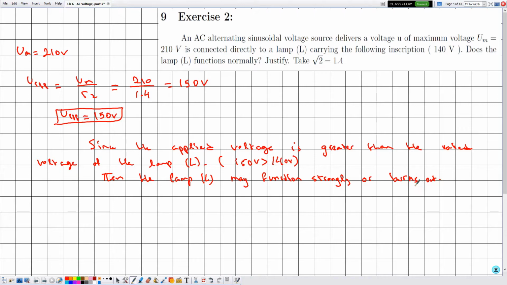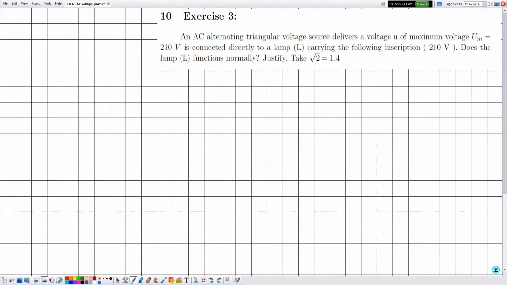Okay, so this is it for exercise number 2. Now let's move to exercise number 3. They are telling me an AC alternating triangular voltage source, and here let me correct this and let it be sinusoidal.